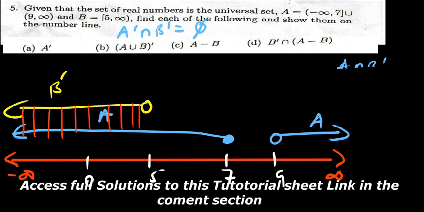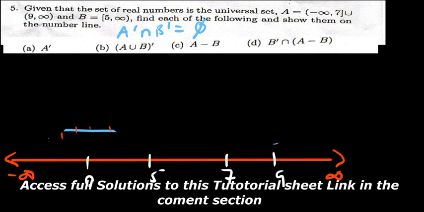Let us try to crack part D, but you can pause the video, try to solve D, and also try and see how I'm going to solve it. So D is B complement intersected with A intersected with B complement, like that. Let us see.